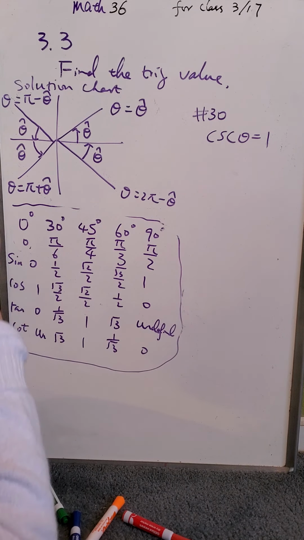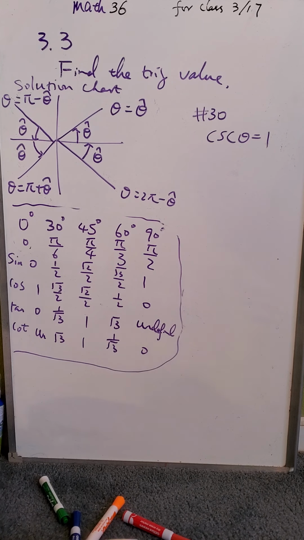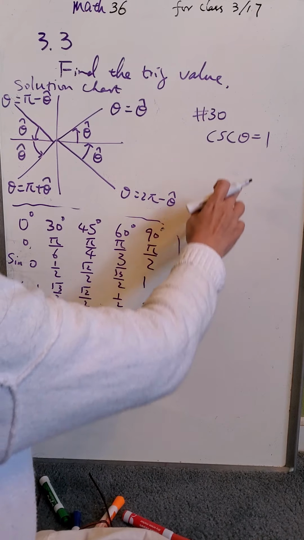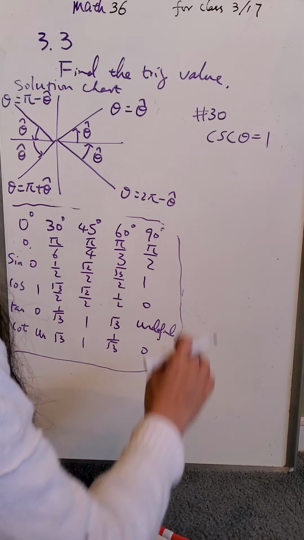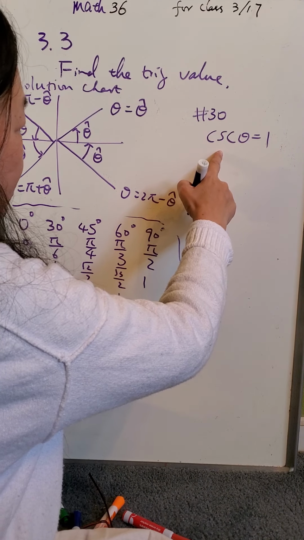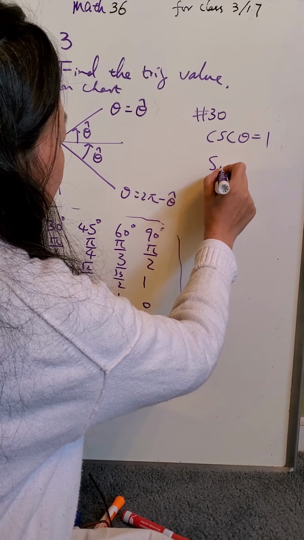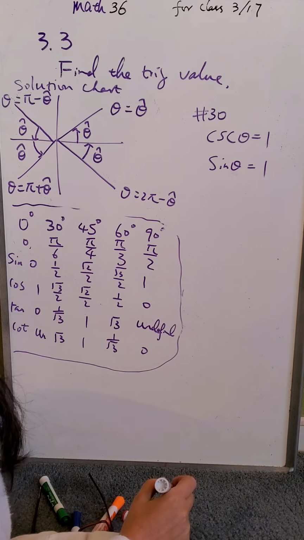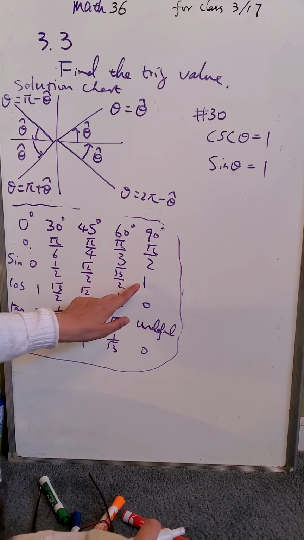First we're going to convert, because cosecant is the same as sine. So sine theta equal to 1, that will be right here.